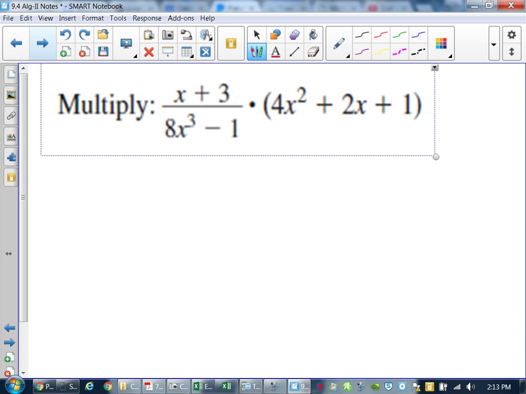A cubed minus b cubed is a minus b times a squared plus ab plus b squared. And what's different when it's a sum of cubes? The first is the same, yeah.